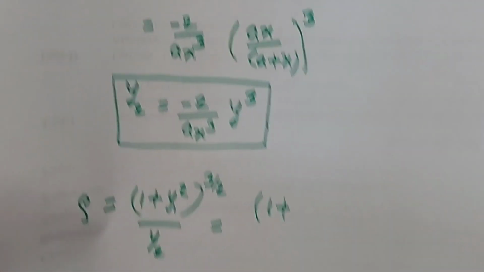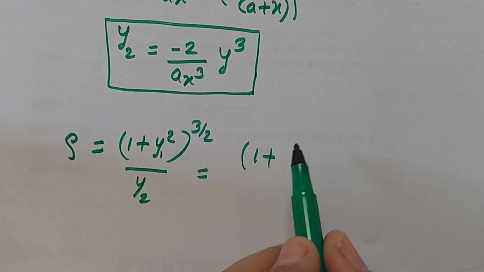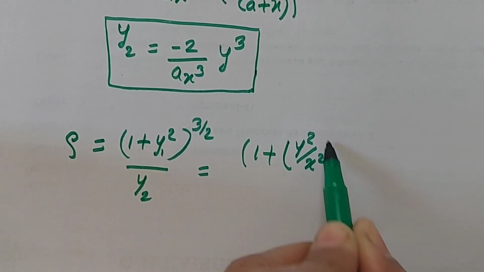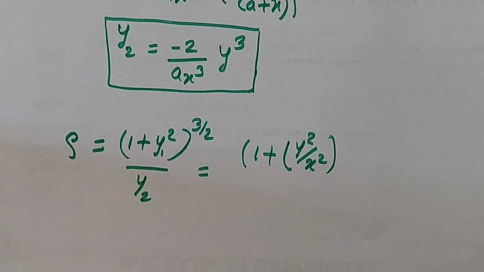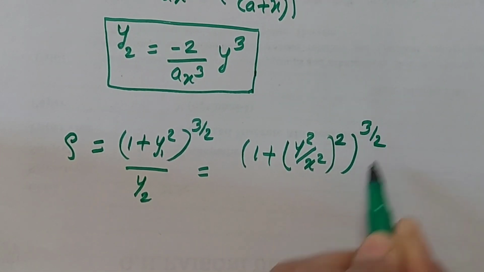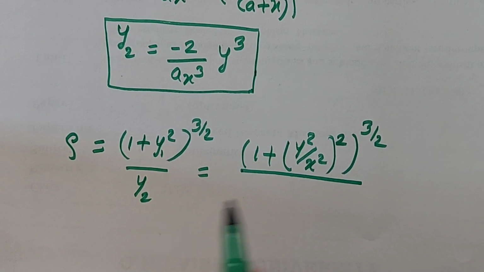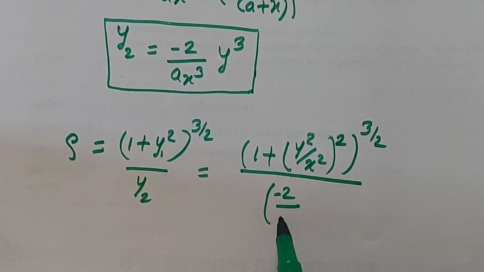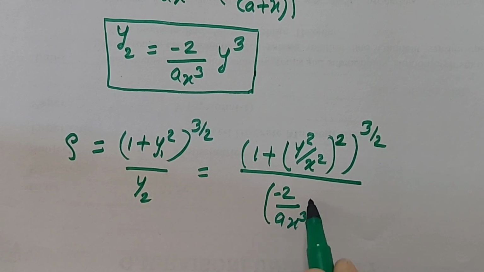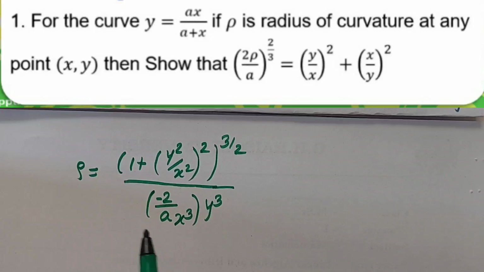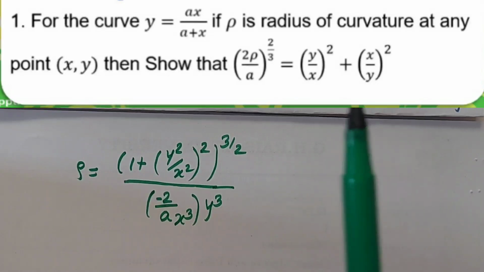So put this value: y1 is y square divided by x square, whole square, raised to the power 3 by 2, divided by y2, and y2 is -2 divided by a x cube into y cube. Now we have to simplify this term as per our proof.